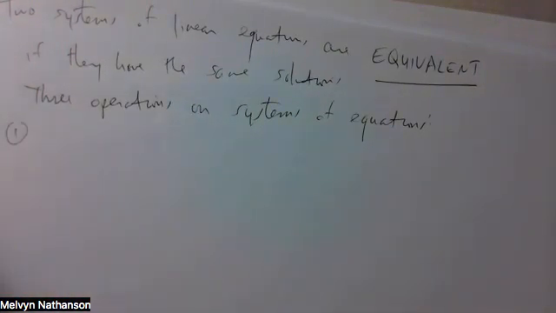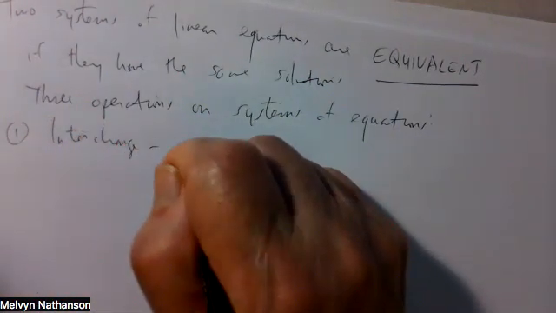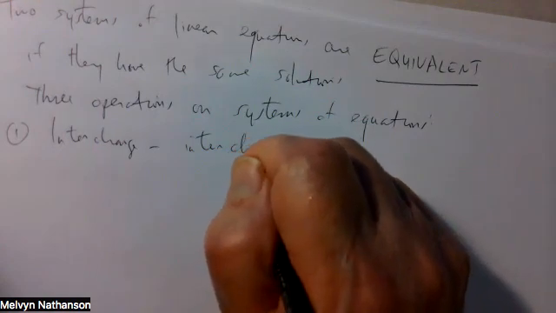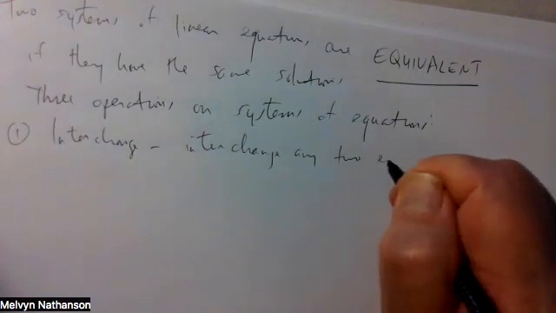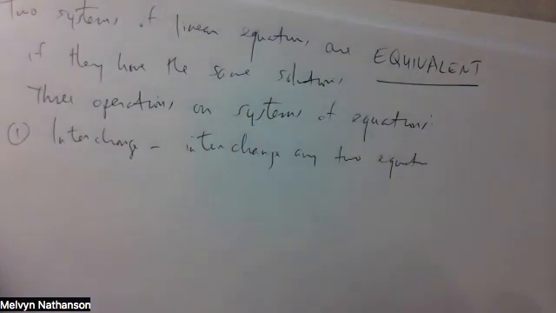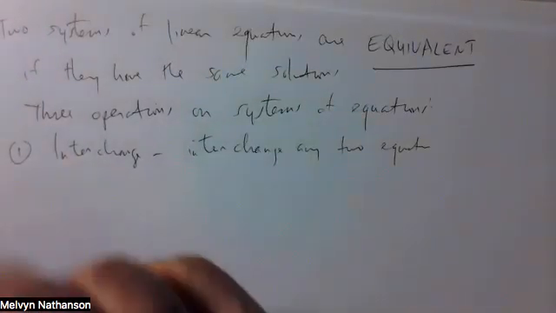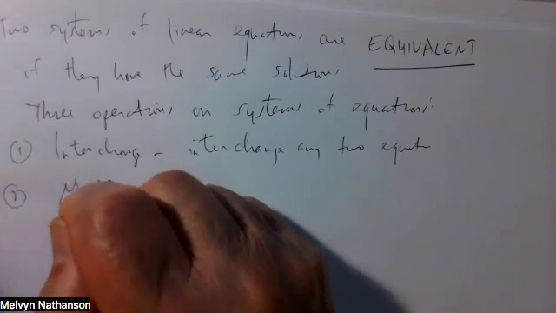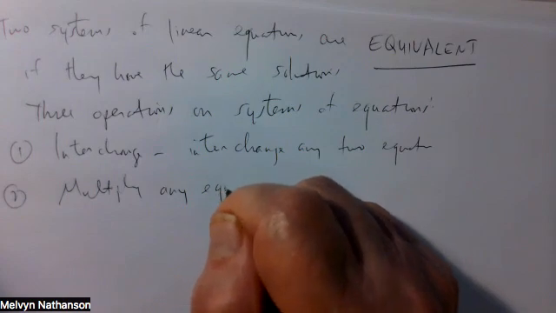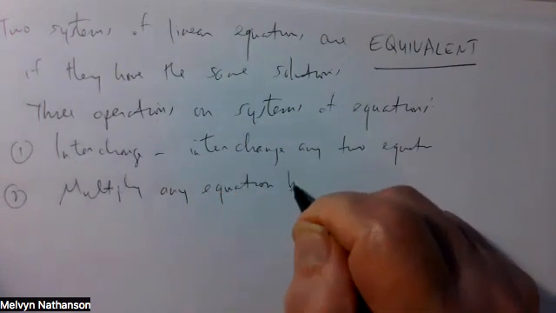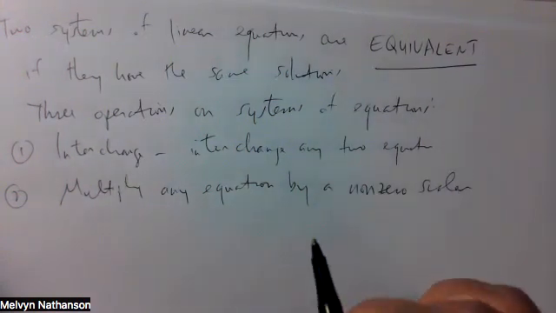So the first was interchange. You can interchange any two equations. Just write the first equation as the third and the third equation as the first. Second, you can multiply any equation by a non-zero scalar.